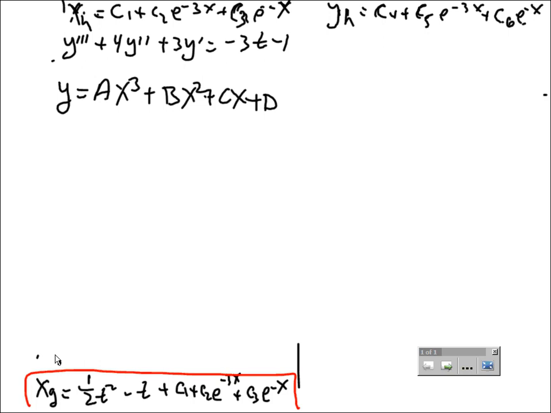I'm almost certain that we solved for a, b, and c when we had x. When we had the x there, we solved for a, b, c, and d. And it turned out that x was 1/2 t squared minus t, because a was 0 and b was a half.